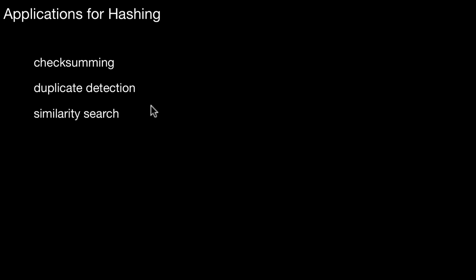Similarity search, you can also use hashing to find similar entries. There are a zillion different ways of doing that. One prominent example to find similar data items using hashing is called LSH, which means locality sensitive hashing.